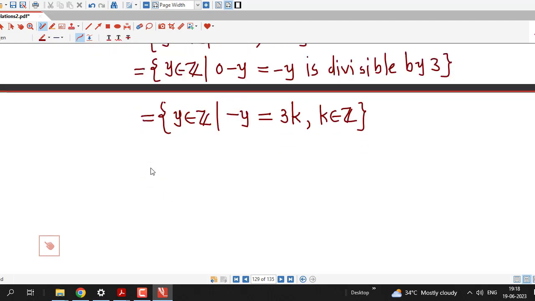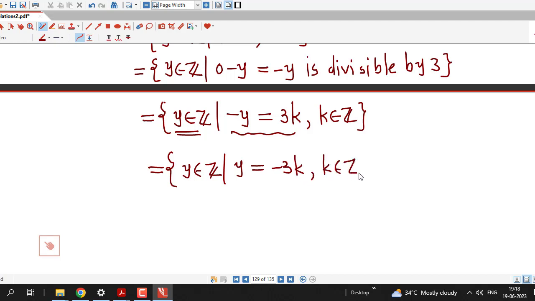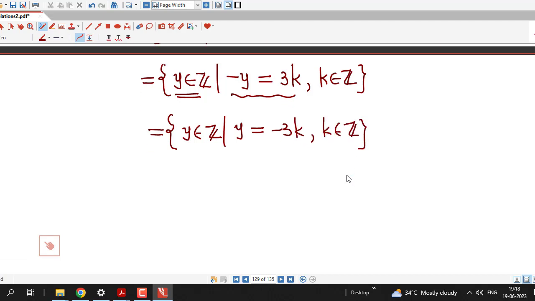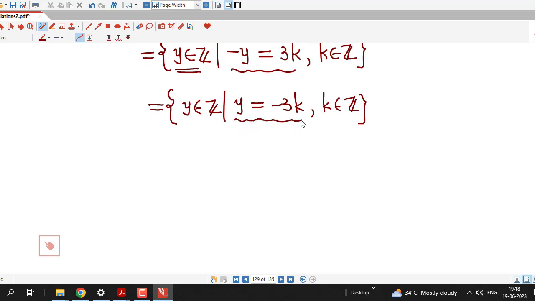I am interested in the values of y, so from this expression I find that y equals minus 3 times k, where k belongs to Z. Now this k is any integer, so we can consider different values of k, and we can write down some elements of this set.